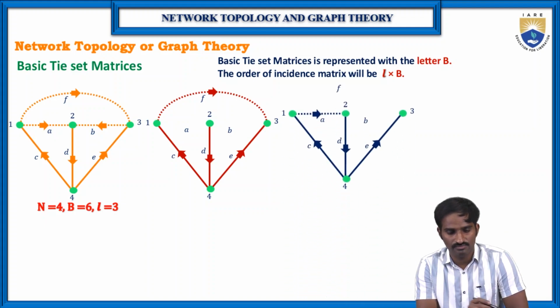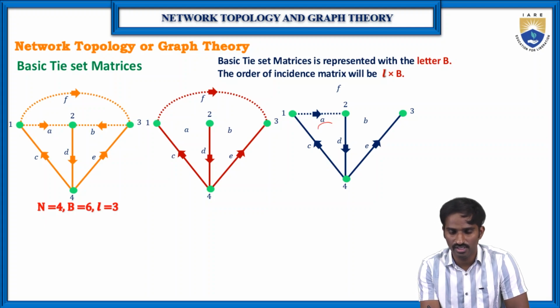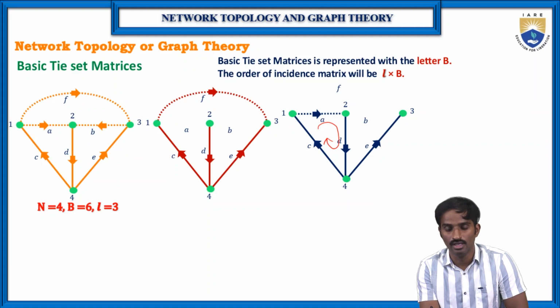The second one, if you include branch A, again forms a closed loop, so this is also a co-tree, and its branch is called a link. So the first link and the second link.